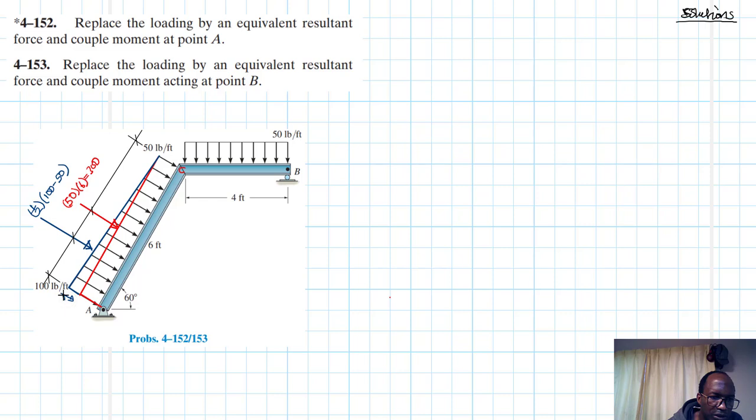You see this? This is 100 minus 50. And then times the length, which is 6. So 0.5 by 50 by 6 is 150.